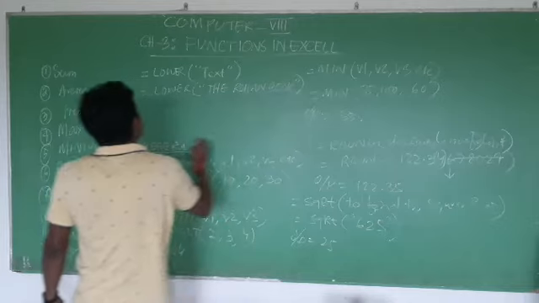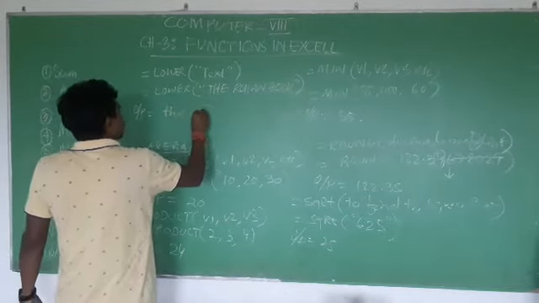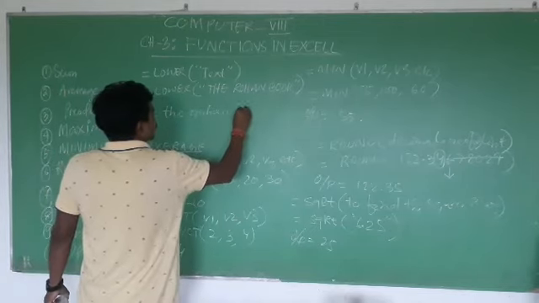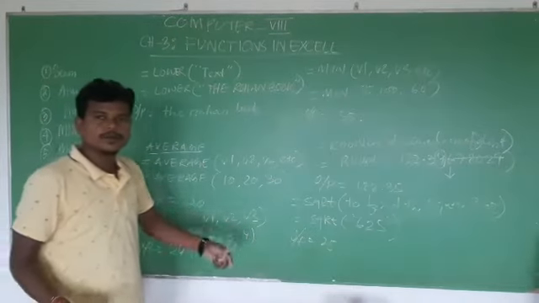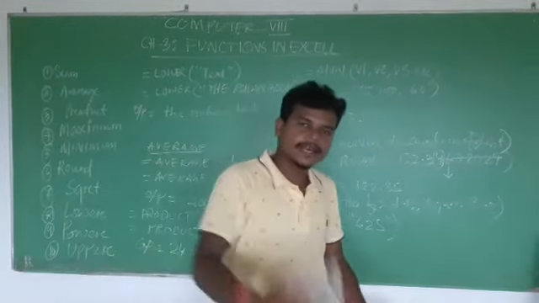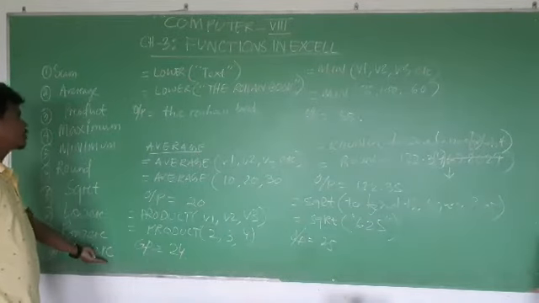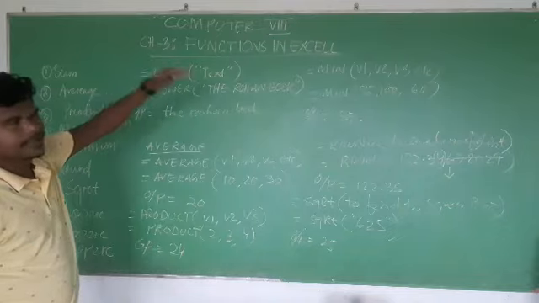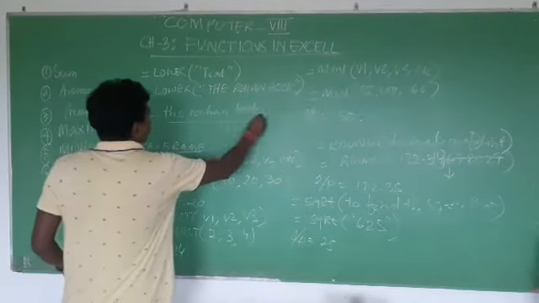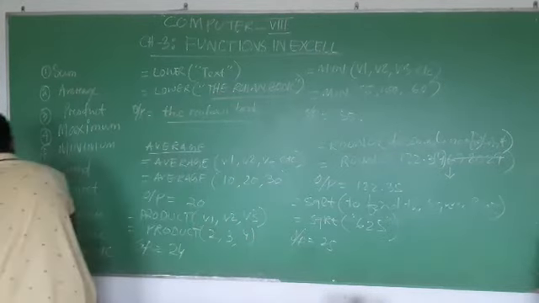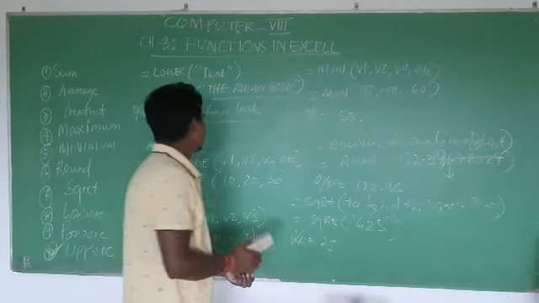Its output will be the Rohan book in lower case. The lower function is used to convert the text into lower case. Similarly, the upper function is used to convert the text into upper case. This will be the input and this will be the output in the case of upper case.